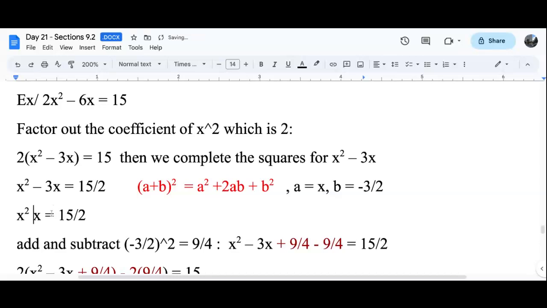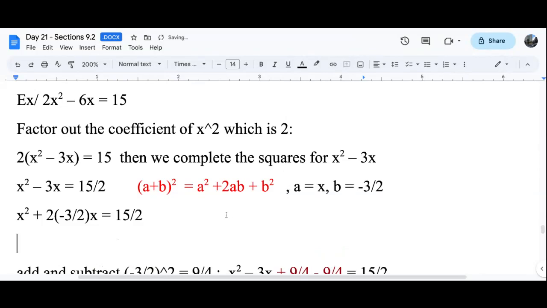So this 3, we want to write as 2 times negative 3 over 2. You see the 2ab form? So x is a, 2 times a times b. Does that make sense? Okay. Now you keep going. Remember we want to add b squared.